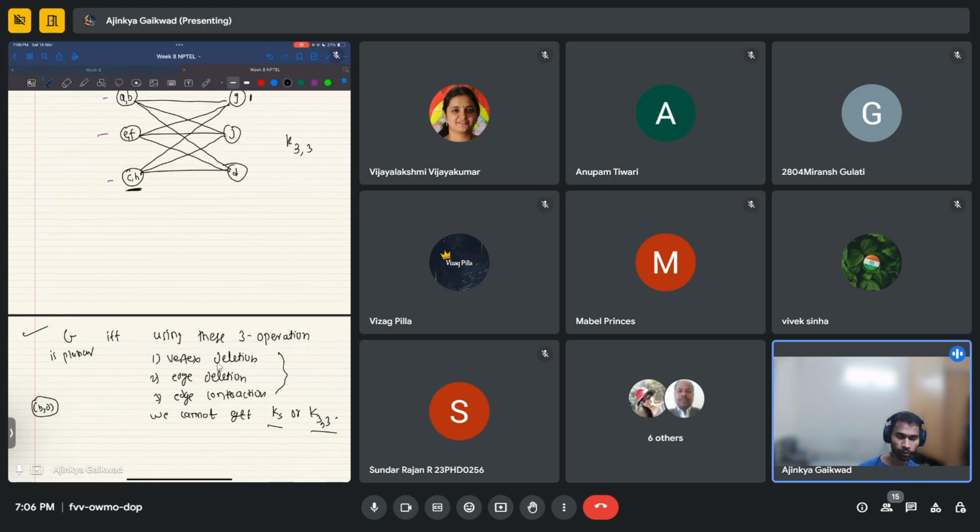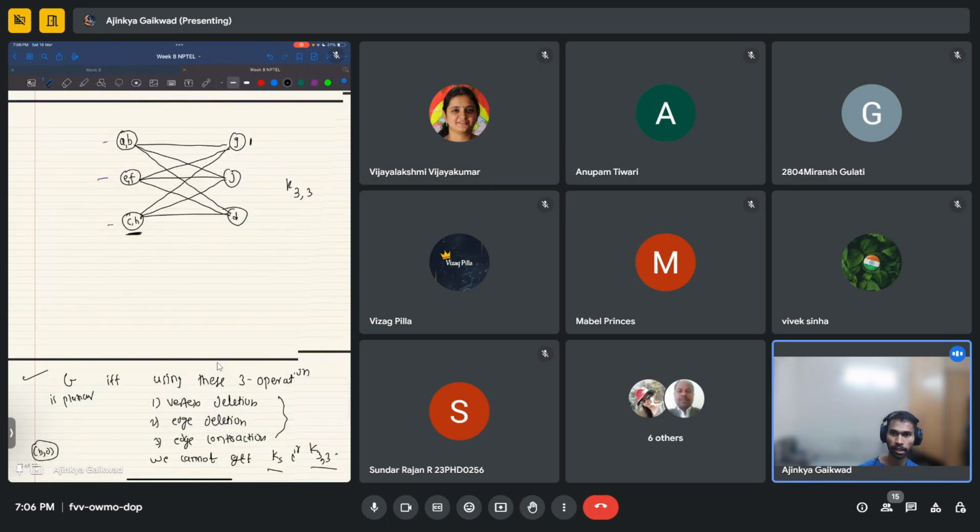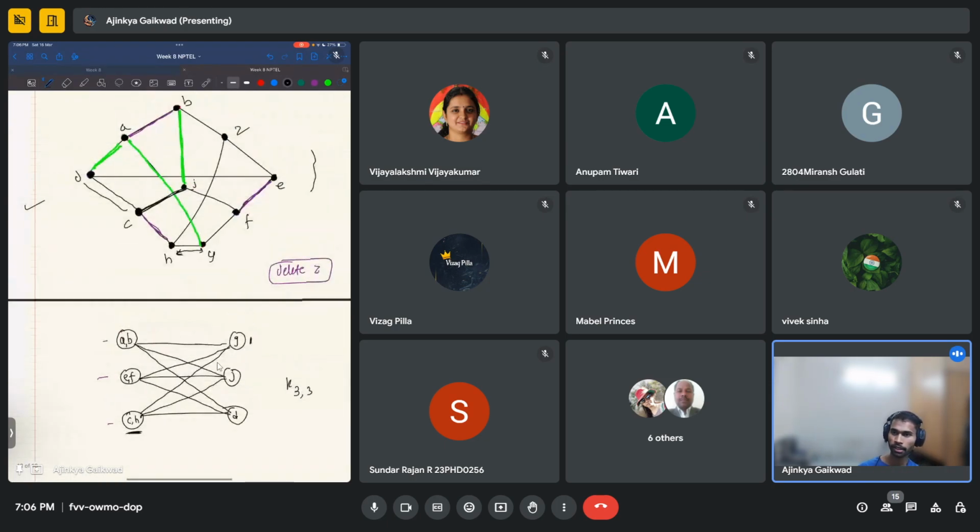Here I deleted a vertex, I contracted the purple edges, and I didn't delete any edge which was not adjacent to the deleted vertex, and I was able to construct K3,3.